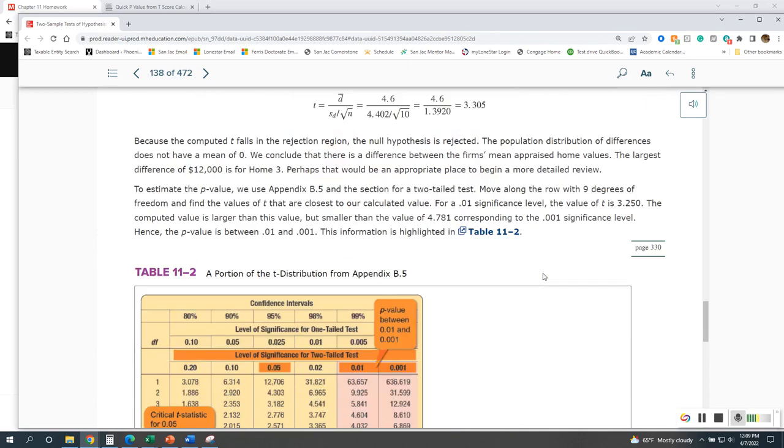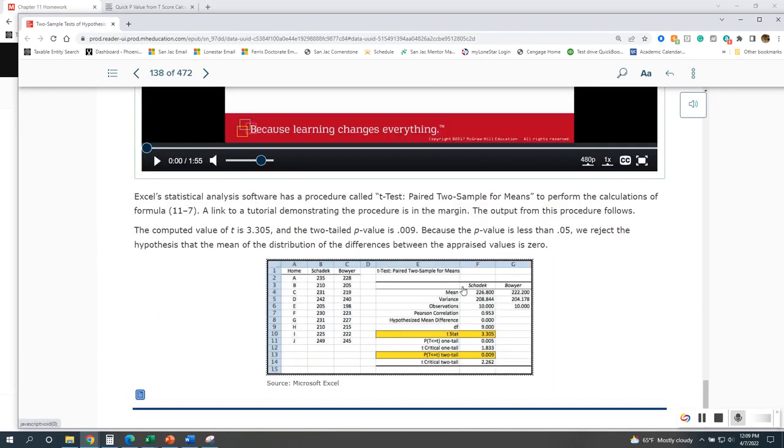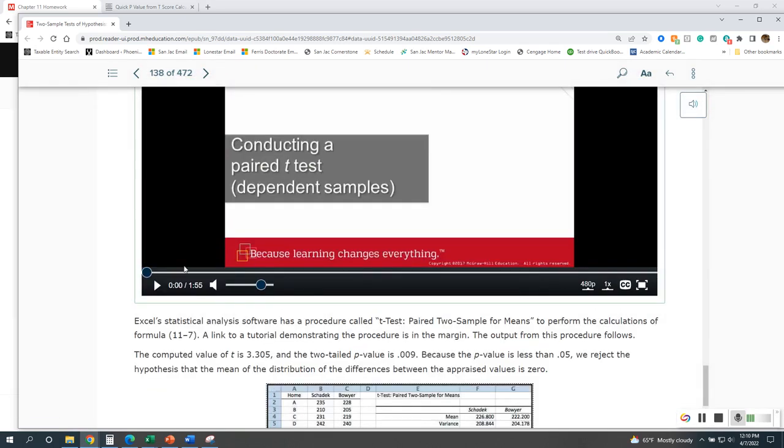See, I just need the formula. Yeah, this seems like they're not really providing us with much.